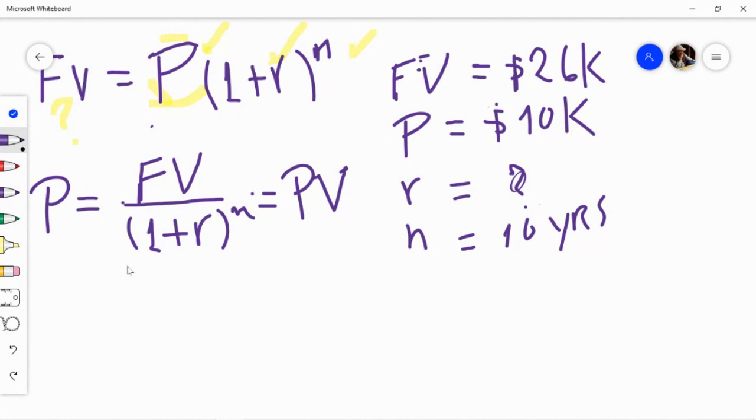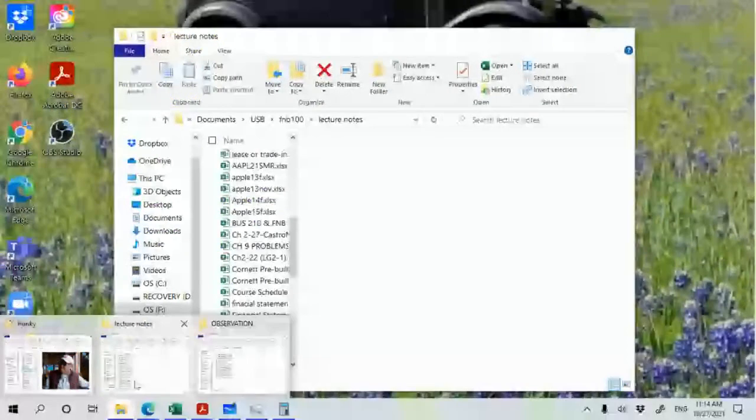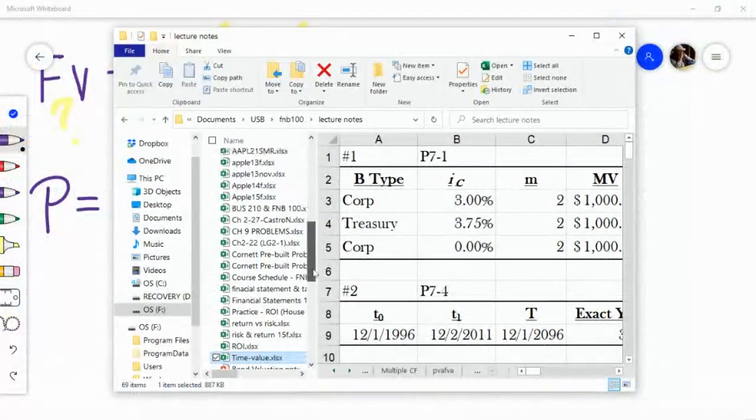I explained at the time the difference between the growth rate and return. I explained the difference between the two, and remember, I hope I don't need to do this again, but I will.